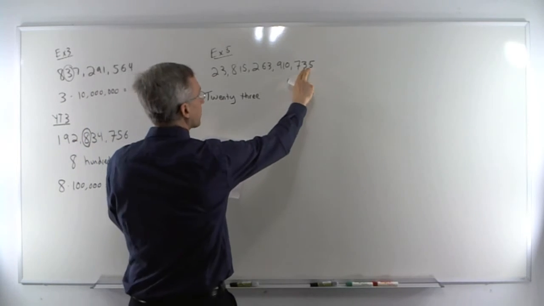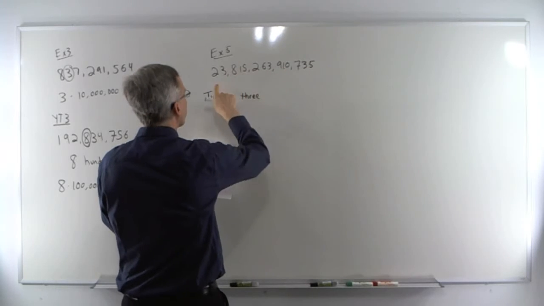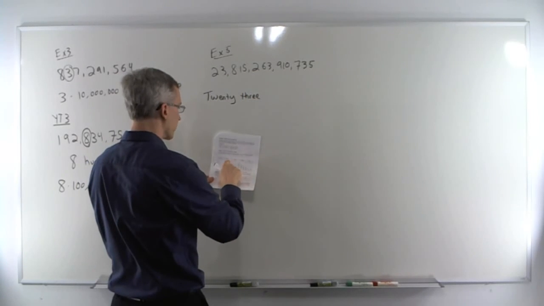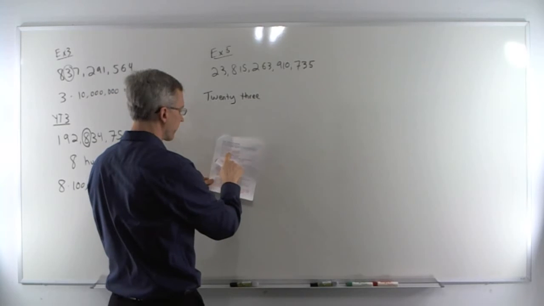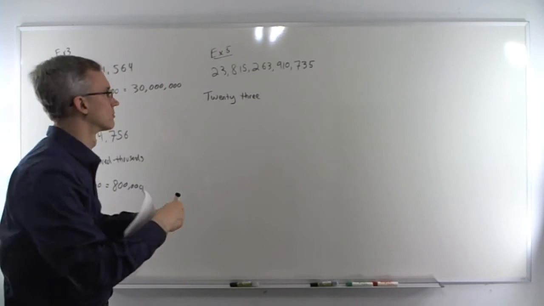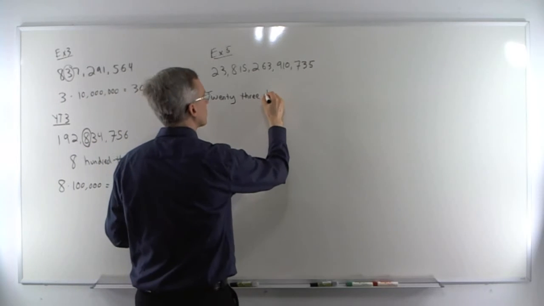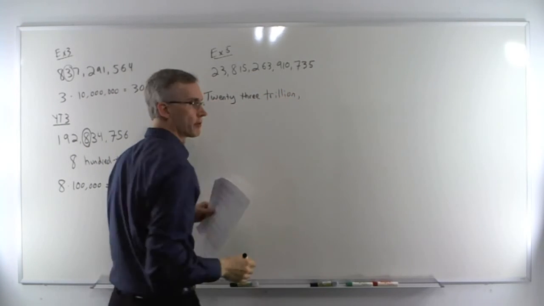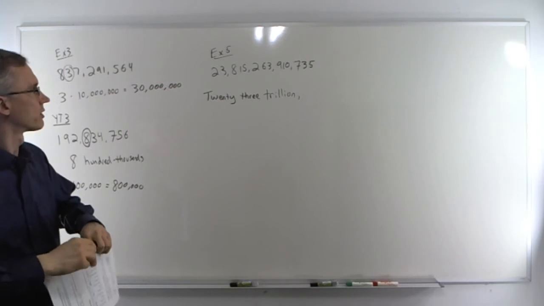Here's your first group. You've got 1, 2, 3, 4, 5th group over. If you look at the chart, you've got ones, thousands, millions, billions, trillions. Trillions is the 5th group over. So this means 23 trillion, and then put a comma after it.